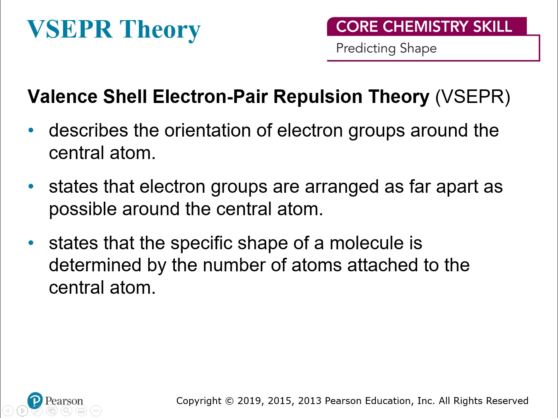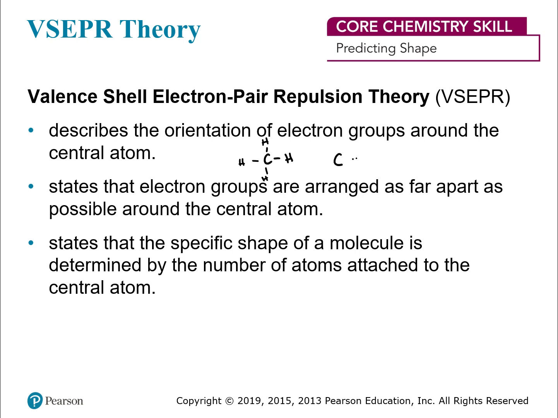To do this, you first have to learn about what's called VSEPR theory. VSEPR stands for valence shell electron pair repulsion theory, and it describes the orientation of all the electron groups around that central atom. So let's say that we had our methane. That's the Lewis structure.